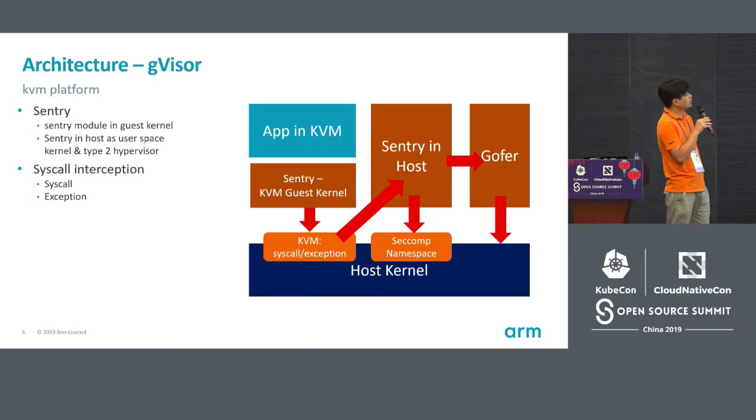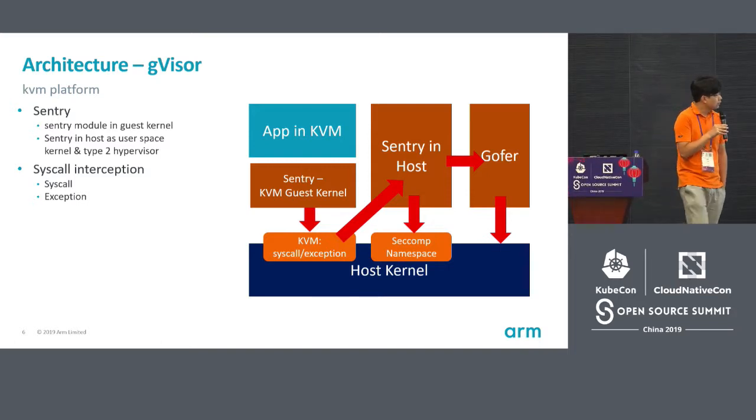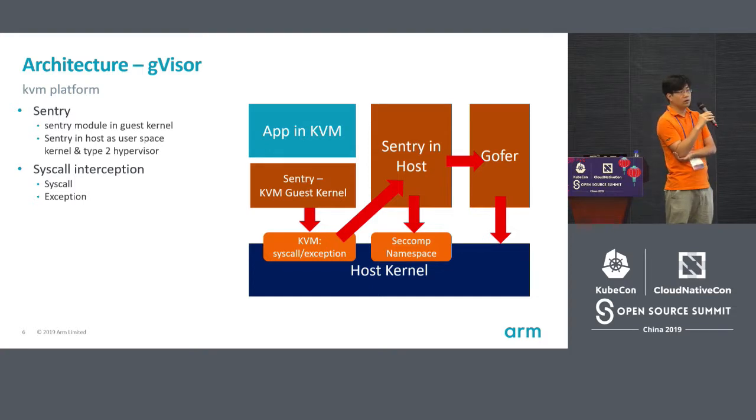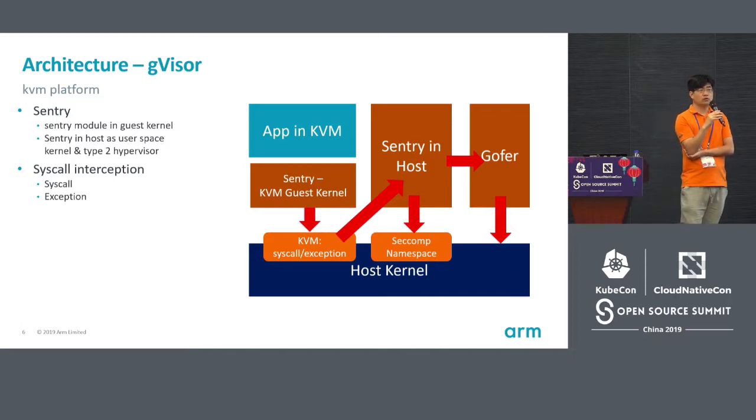So this is the KVM platform architecture. The top left corner is the apps, and the right is the user space kernel and the I/O operations. For the KVM platform on ARM, a core concept is that we need to give a vCPU to your program or applications.